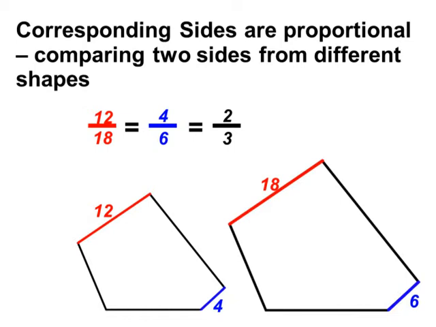We said earlier that these two polygons are similar and that the red sides correspond with each other and the blue sides correspond with each other. That means we will get the same answer when we divide 12 by 18, the short red side by the long red side, as we do when we divide 4 by 6, the short blue side by the long blue side.